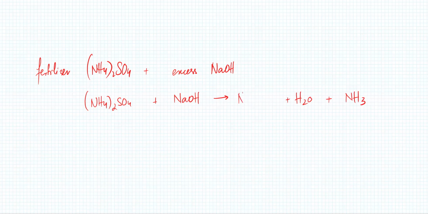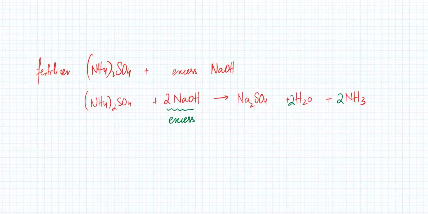So that's Na plus 1, SO4 minus 2. So it's going to be, crisscross, Na2SO4. You can balance this. It's going to be 2 NaOH, probably 2 NH3s because there's 2 NH4s over there, and 2 water molecules. So this is your balanced equation. And remember, he added this in excess.